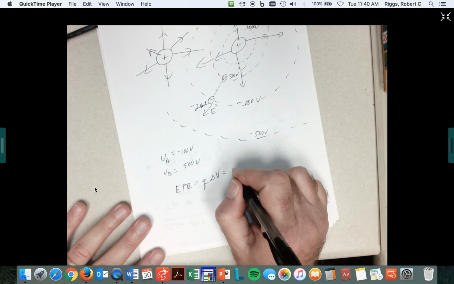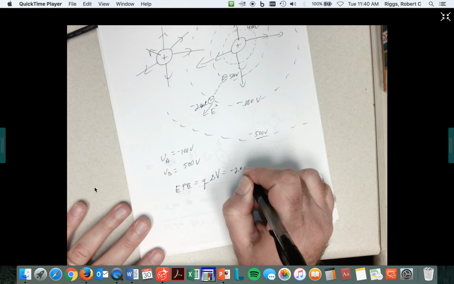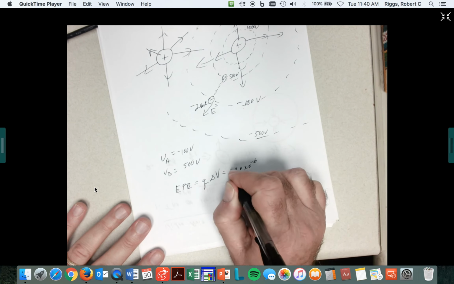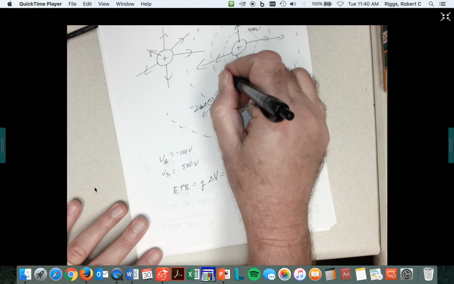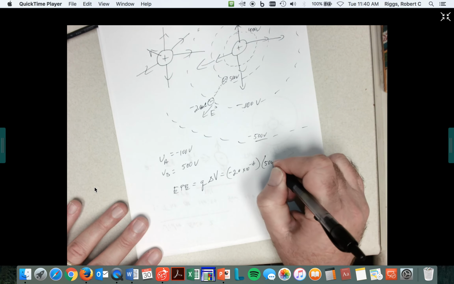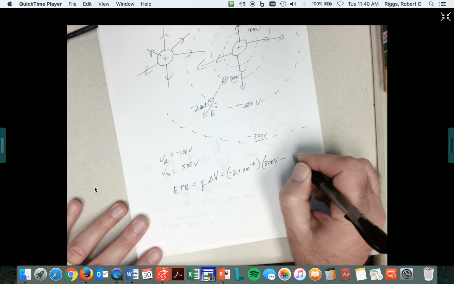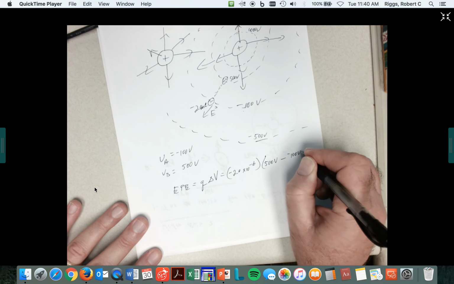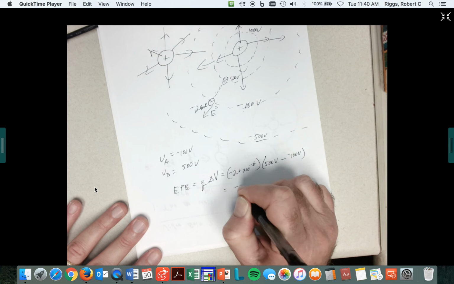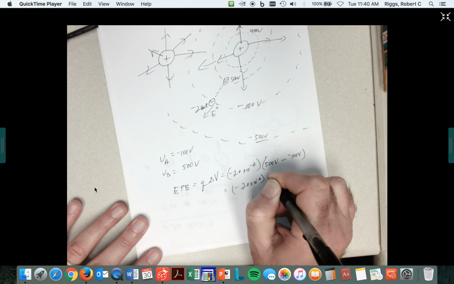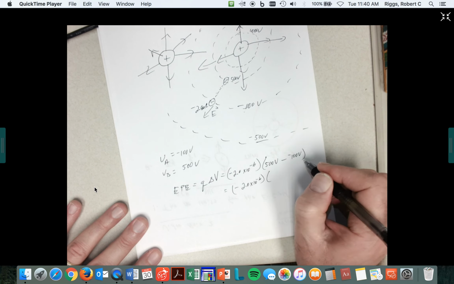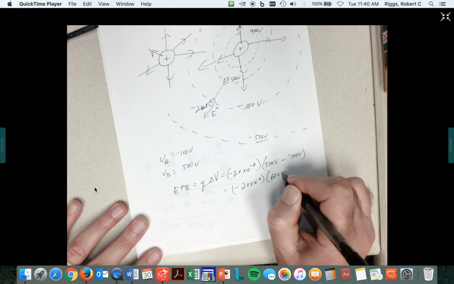So we'll take negative 2.0 times 10 to the negative 6 coulombs times VB, which is 500 volts, minus negative 100 volts. And look what I wind up with: a negative 2.0 times 10 to the negative 6 times a positive 600 volts.